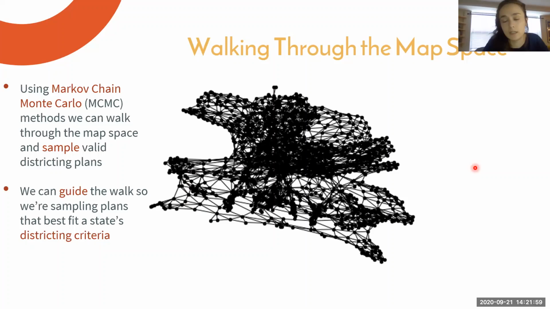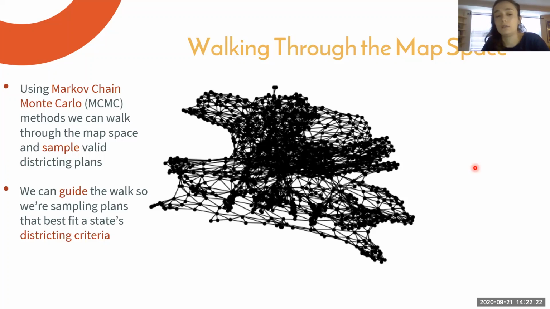That process is known as Markov chain Monte Carlo sampling. So that's the method we use to sample maps. And you can guide the walk in your big abstract space of all maps to move towards maps that we're interested in. For example, we want to move towards maps that adhere to Iowa's districting criteria.